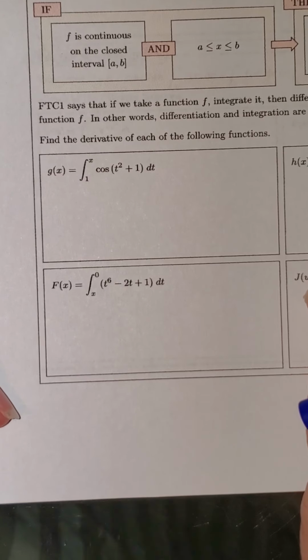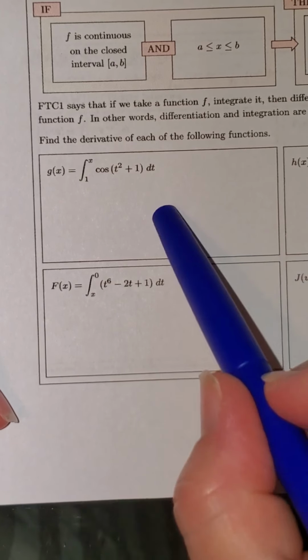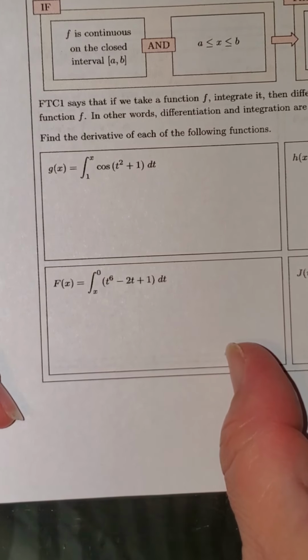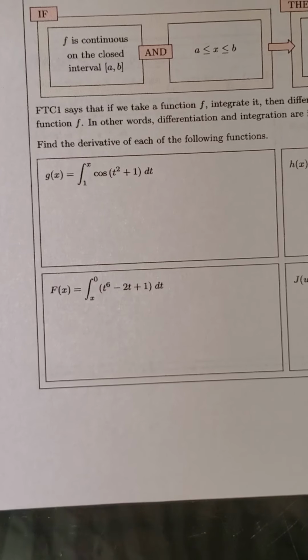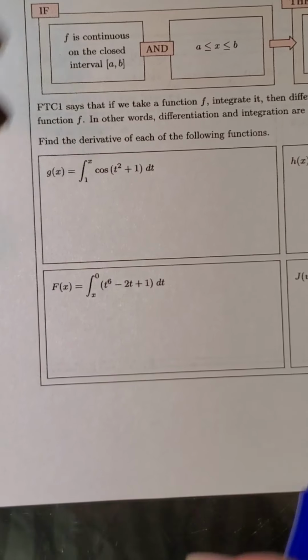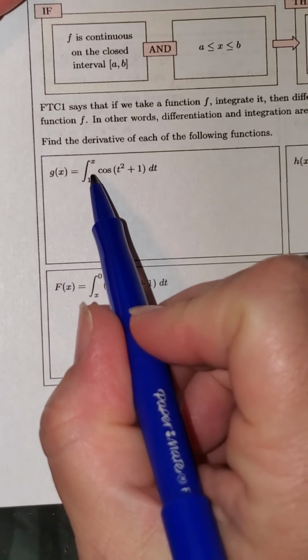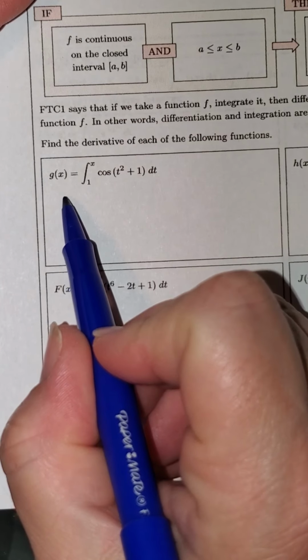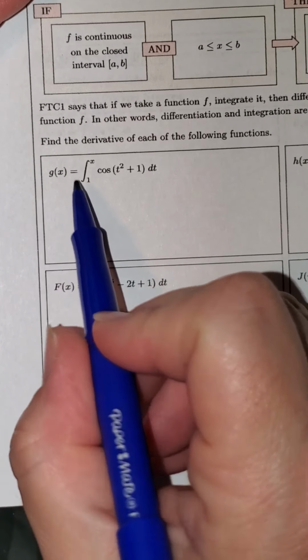So let's look at this function here. G of x equals the integral from 1 to x of cosine t squared plus 1 dt. So for this one, we just have to plug in x if we're going to do the derivative of g of x.